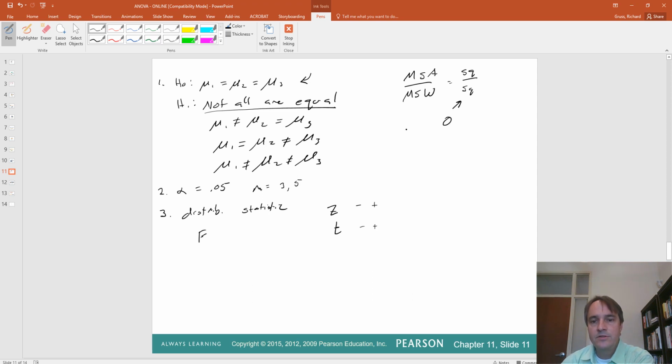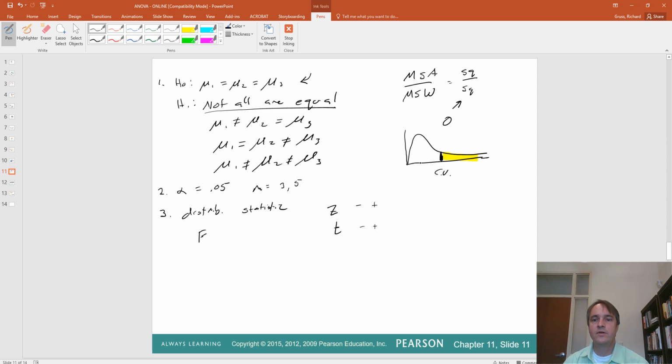Okay, so we need to have a new distribution that has only positive values. Something that looks like this would fit. So with this distribution, we don't have negative and positive. There's no such thing as a two-tailed test here. We only have positive critical value, or p-value, where we can reject the null if we have something out here.